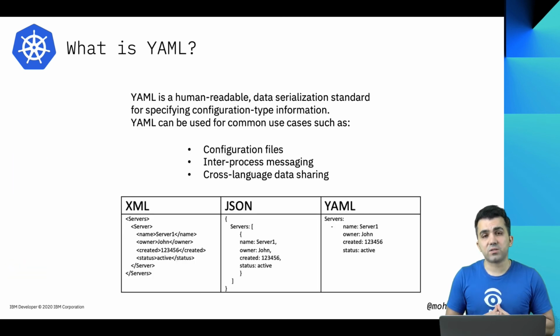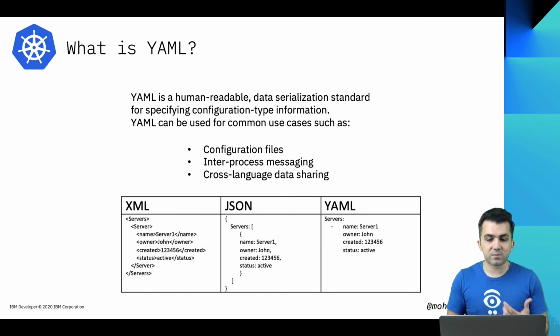Another way you can update your resources is to use YAML. YAML is a human readable data serialization standard, and you can specify configuration type information for files, for inter-process messaging, for cross-language sharing, and all those things. If you want to compare XML, JSON, and YAML, that's down there in that table. It is quite simple.